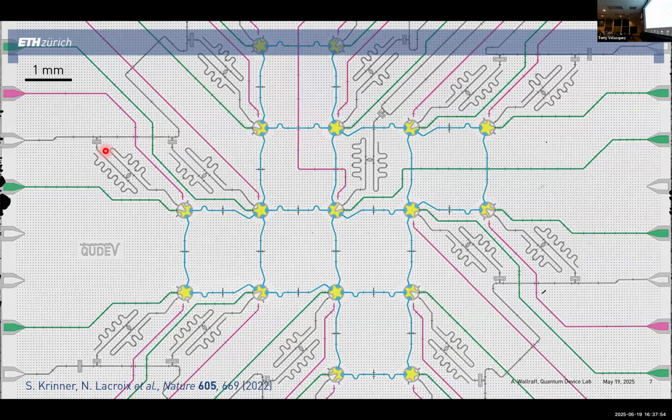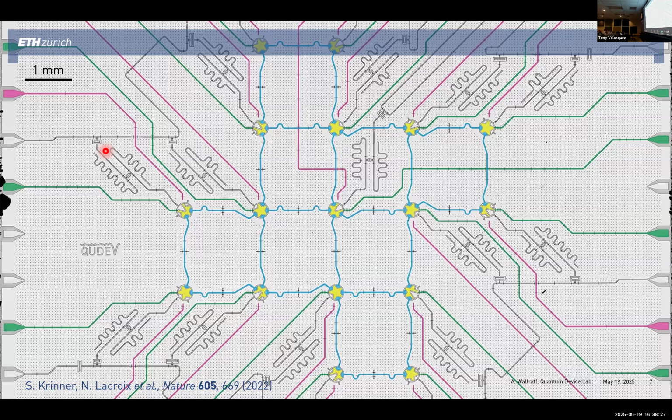Good. The coupling between the neighboring qubits gets mediated by these blue coplanar waveguides. You can look at the scale bar. They may be 3-4 millimeters in length. At this length, they have their first electromagnetic resonance at a frequency of somewhere between 20 and 40 gigahertz or so.